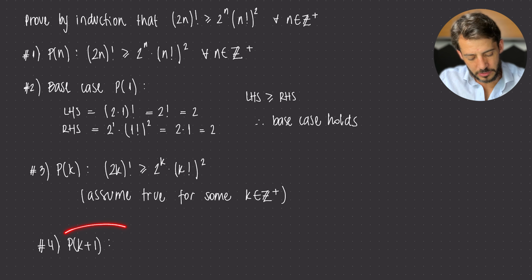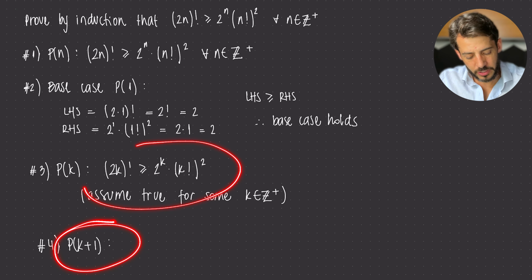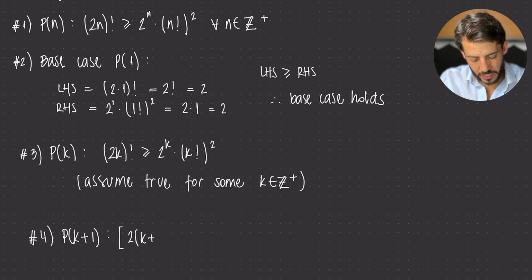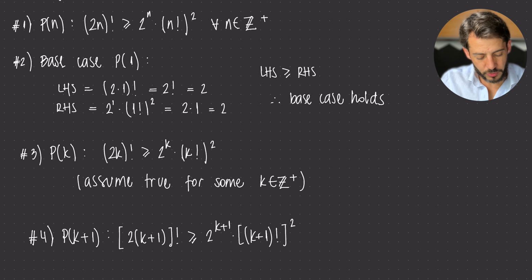We want to get to P of k plus 1 starting from P of k. Now what is P of k plus 1? We're taking this inequality and substituting k plus 1 whenever we see a k there. So we have 2 times k plus 1 factorial greater than or equal to 2 to the k plus 1 times k plus 1 factorial squared.